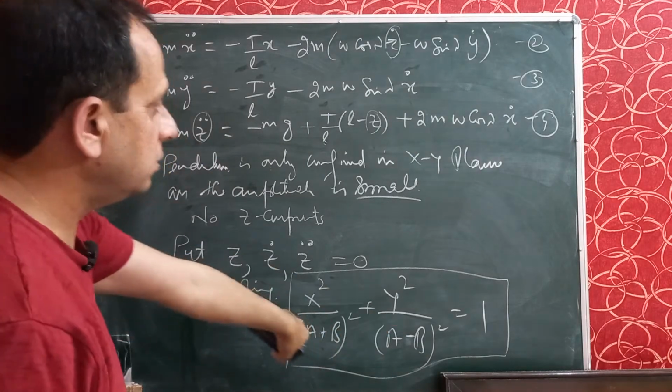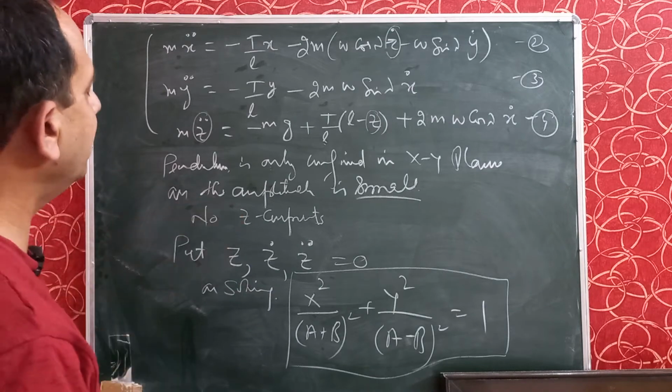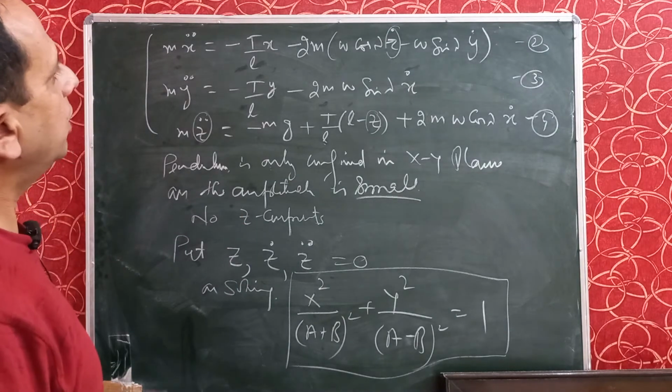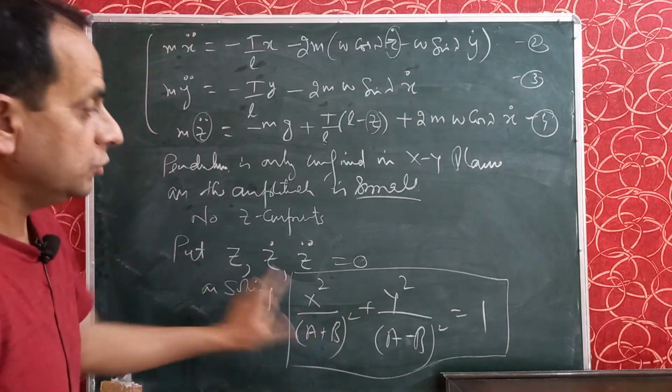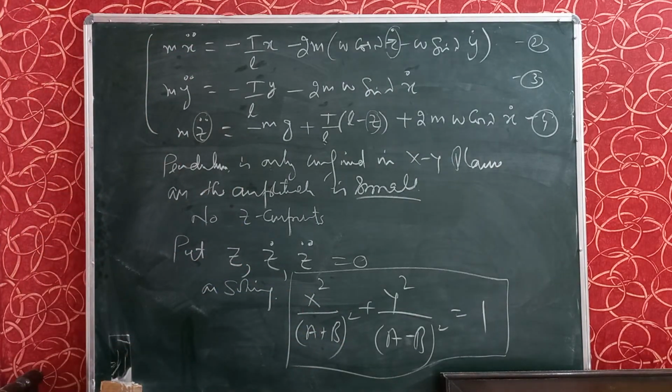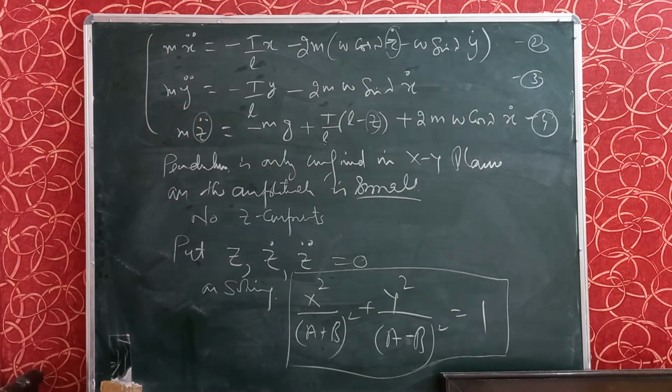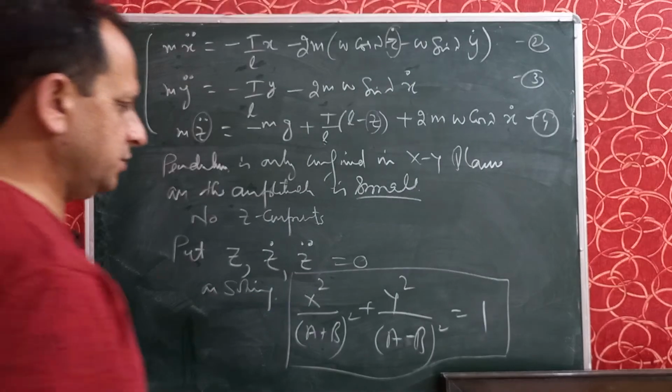So z is not there. We apply the approximation for z parameters and get this equation, where x is equal to a plus b cos omega 1 t, and y is a minus b sin omega 1 t, and a and b are constants.